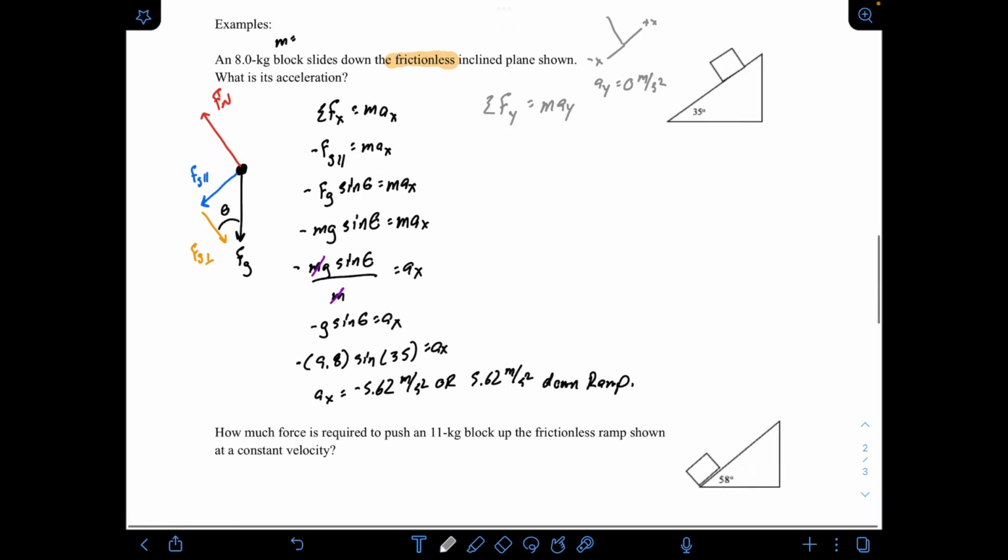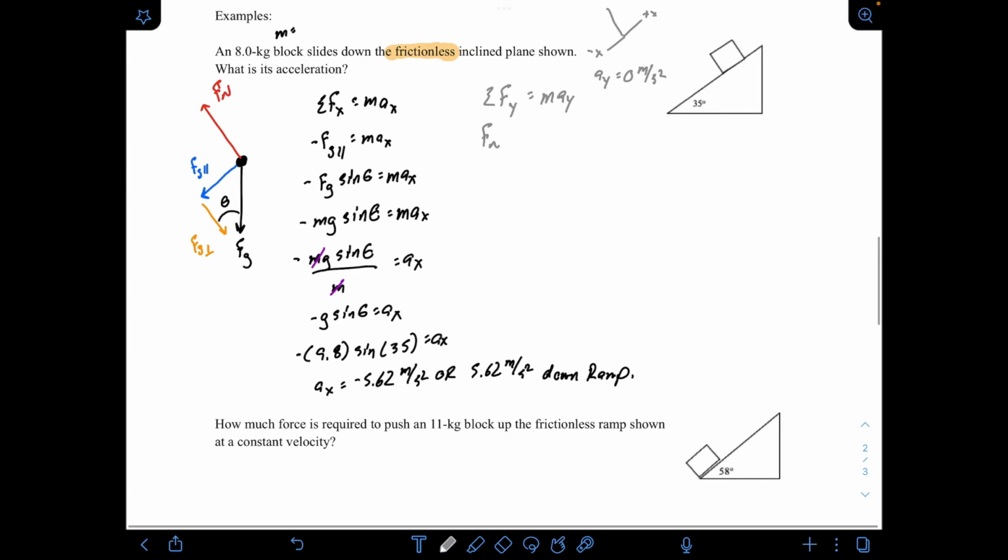Looks like we'll have the normal force going up, the Fg perpendicular going down. We know that's equal to 0. So the math tells us here that Fn is equal to Fg cosine theta, because the trig told me so.